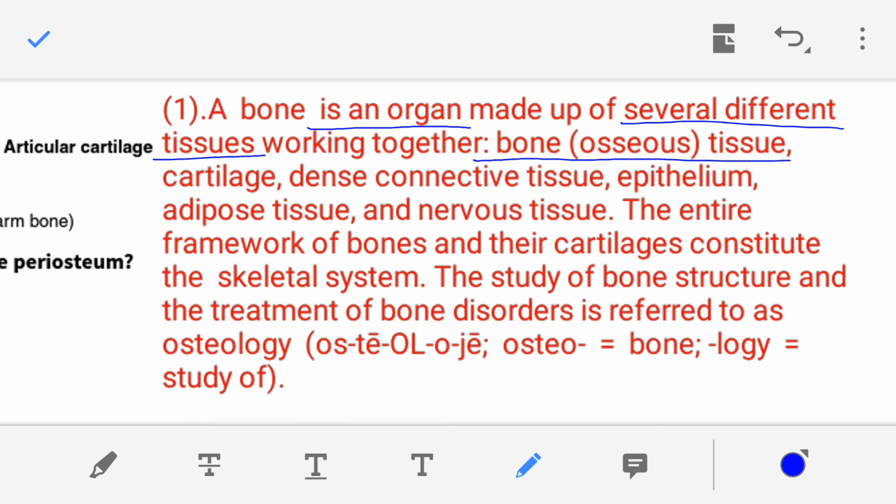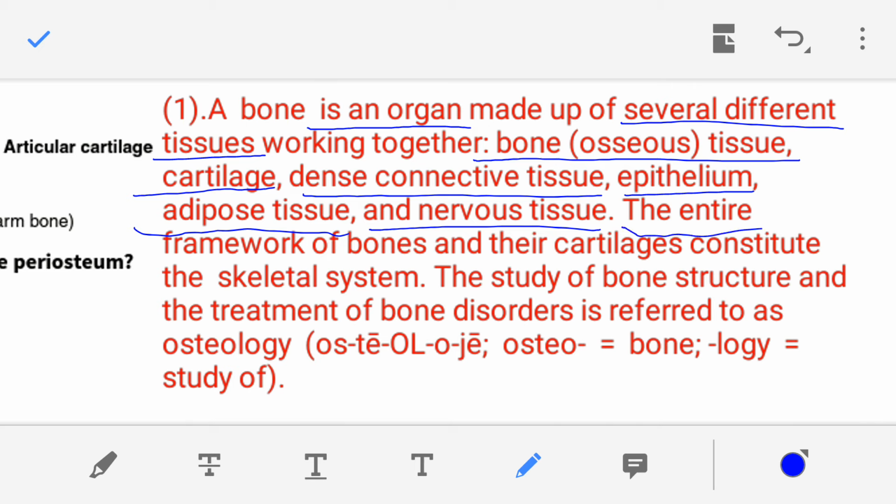So bone, also known as osseous tissue, is made up of cartilage, dense connective tissue, epithelium, adipose tissue, and nervous tissue. All these tissues together constitute the bone.